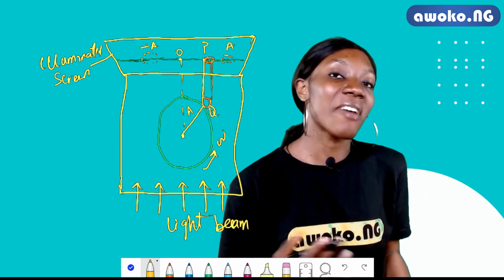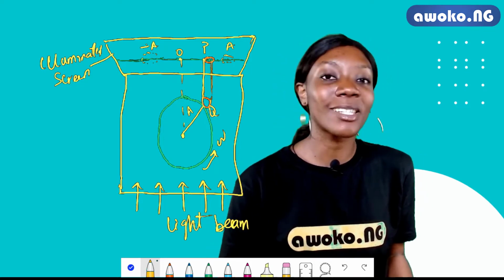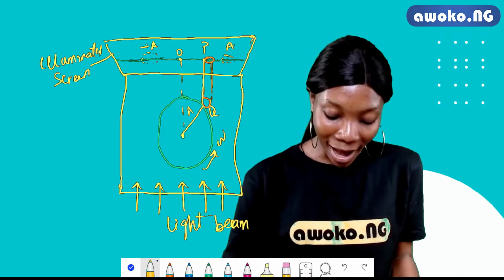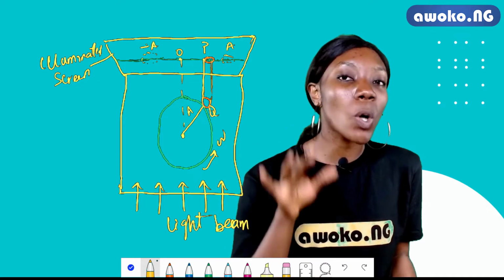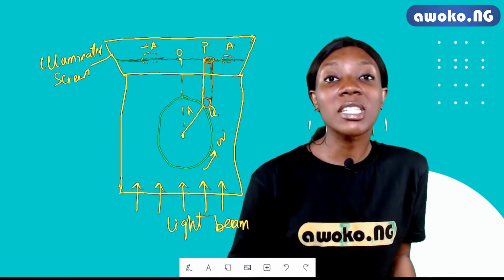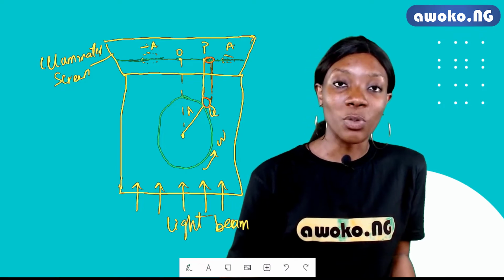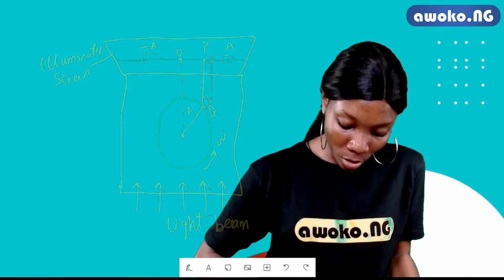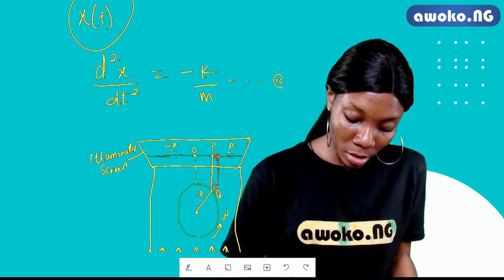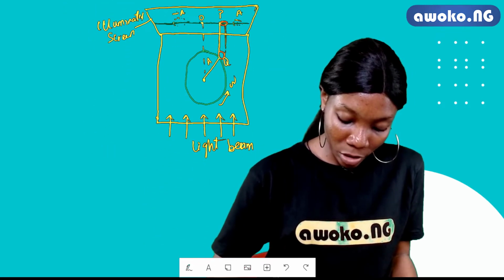We can verify this remarkable statement by finding the acceleration of the shadow at point P and comparing it to the acceleration of a body undergoing simple harmonic motion as we gave in equation 2 in our previous lesson, so that we can be making reference to it.